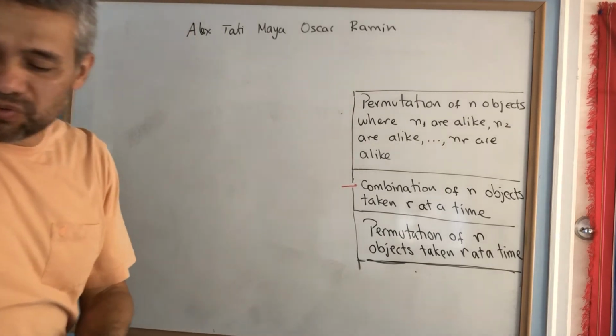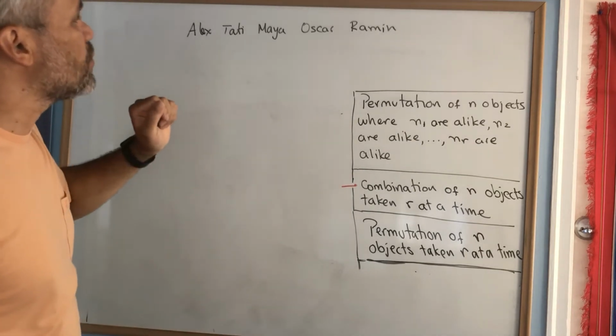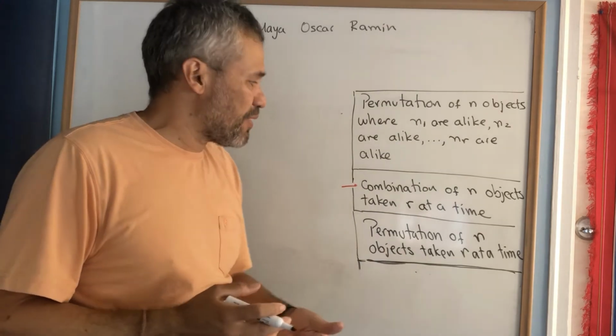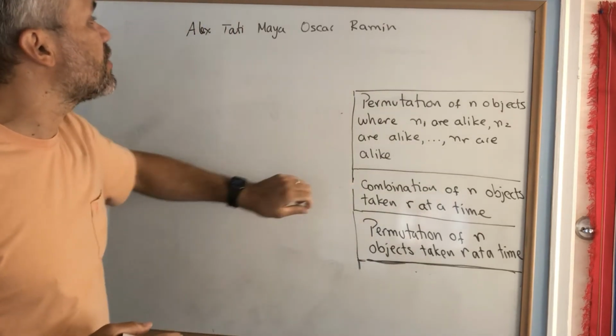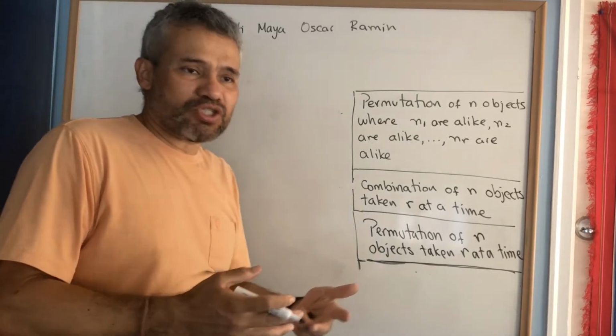Let's suppose that this group of people decided to do a race, and we're going to count the first, second, and third place. Then we are going to see what the possibilities of these positions are.